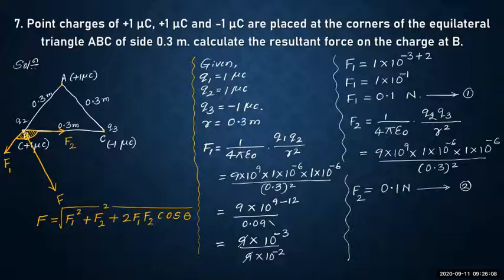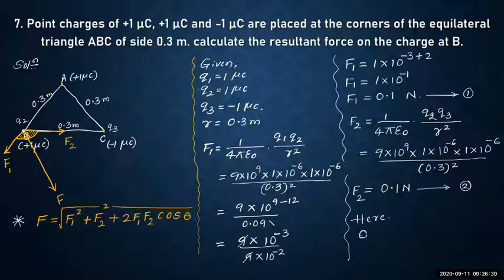Yes. Now it is the main part. Okay, so to make use of this resultant force formula, we must know all of them, F1, F2. Of course, we know F1 and F2. Along with that, we must know what is theta. So what is theta here?